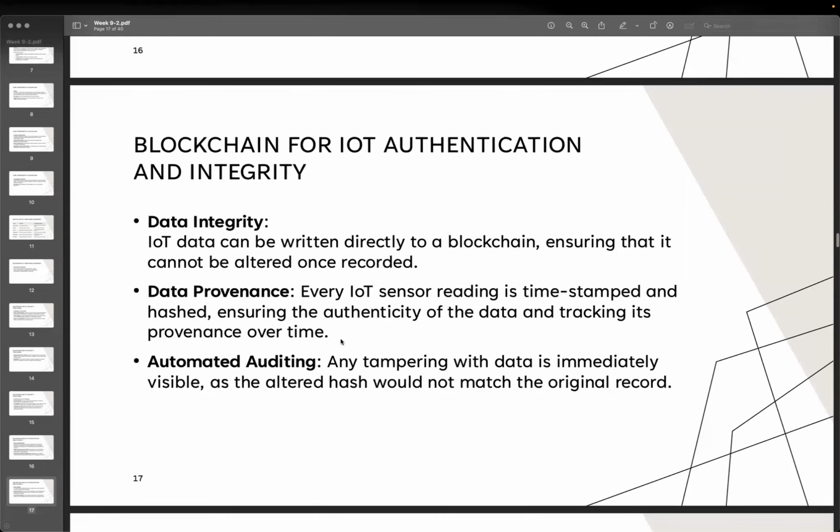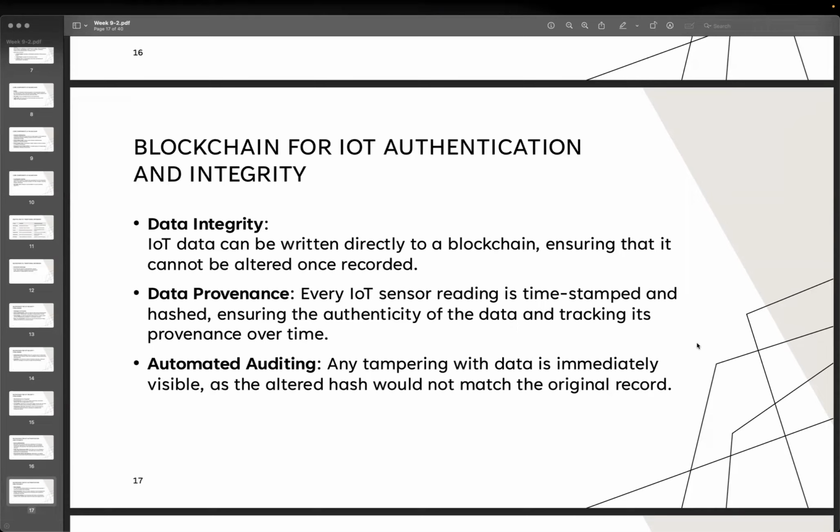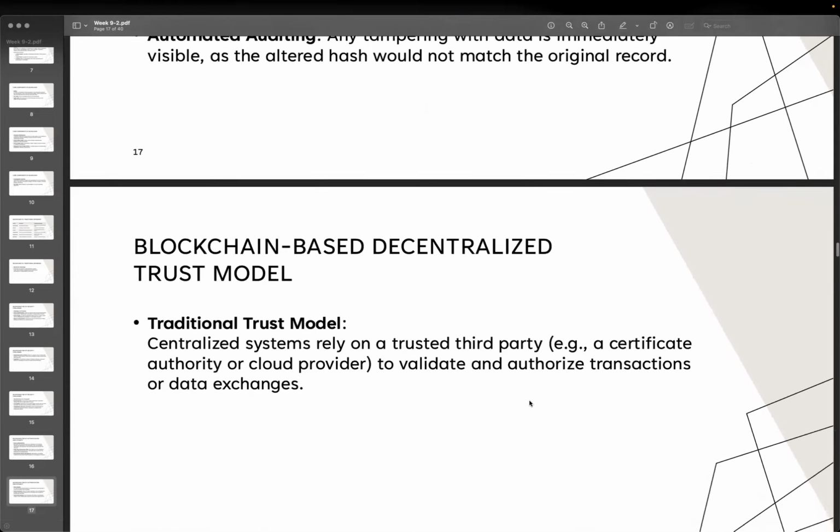It's kind of the same idea, because we have the full transaction history, and we can also provide automated auditing. If there's any tampering with the data, it's immediately visible, because once they try to alter the content, the hash will change, if you remember. It won't match the original record, so they will know. We can make it automatic, so we don't have to validate by ourselves again.